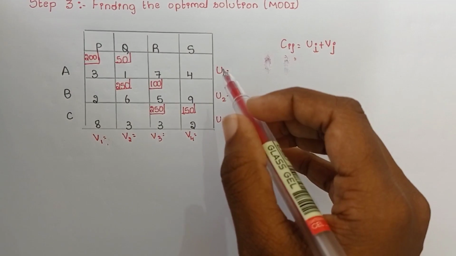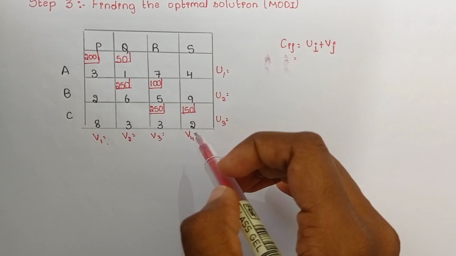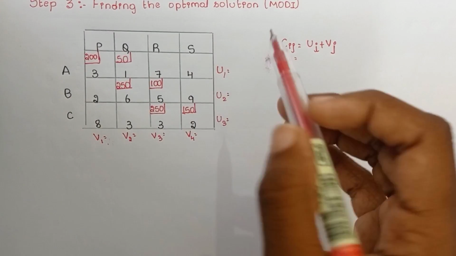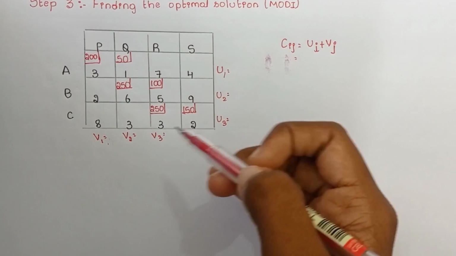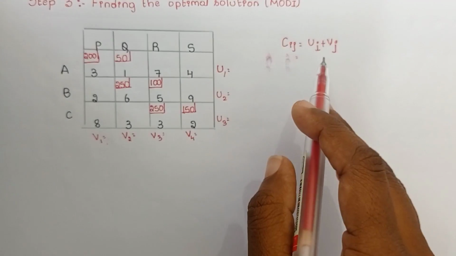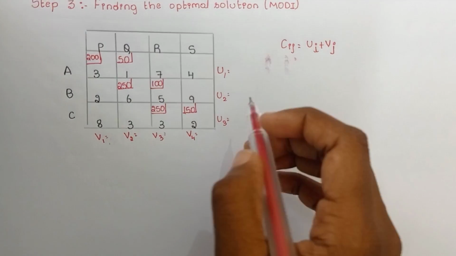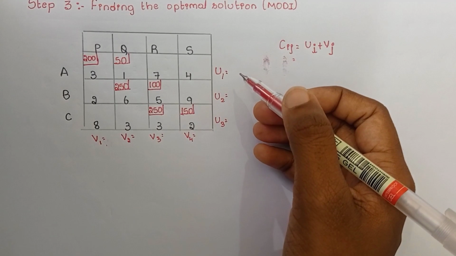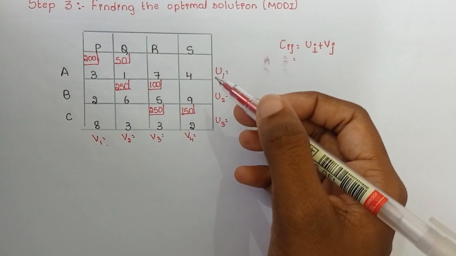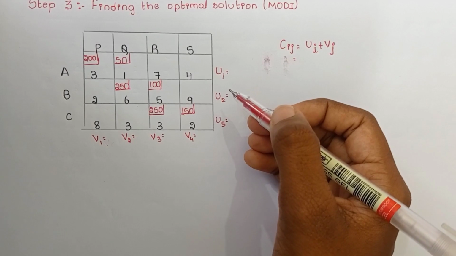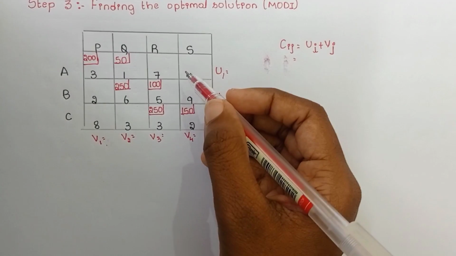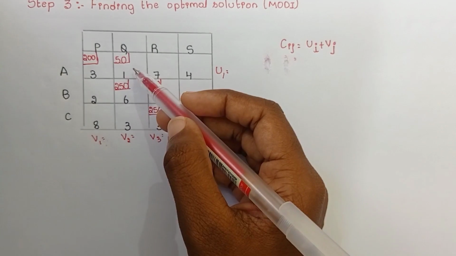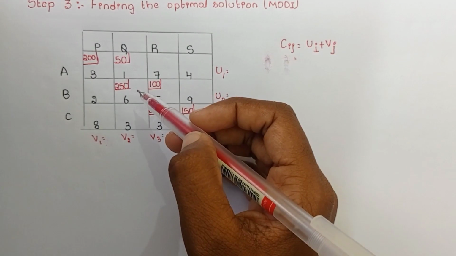But here we don't have any U values or any V values. So we require any one value, U1 or V2 or U2, U3, V4, V3, V1, if we want to compute this formula. For that, let me take 0 for the row or the column which has maximum allocation. If I take this row, the maximum allocation is 2.